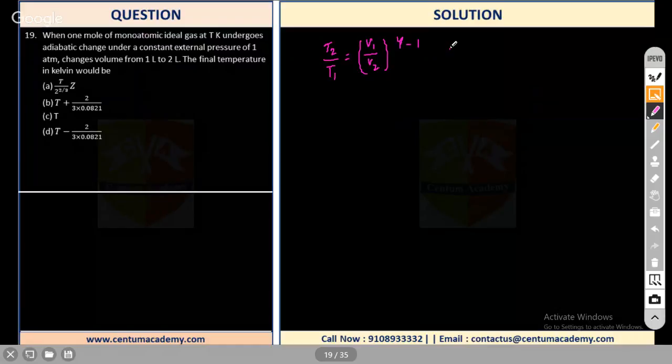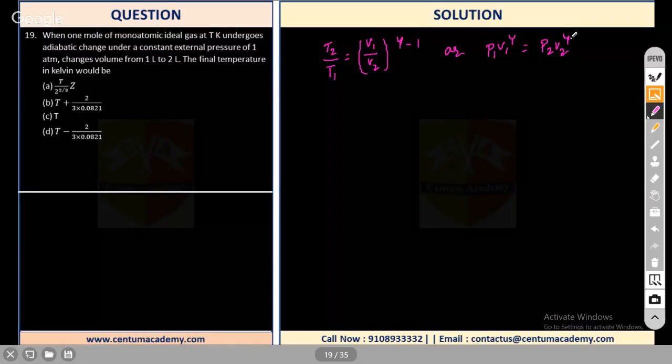So for this relation, we can also write P1 V1 to the power gamma is equal to P2 V2 to the power gamma. Like, this is also true. We can use it or not, that's another thing. But if this is true, this is also true.